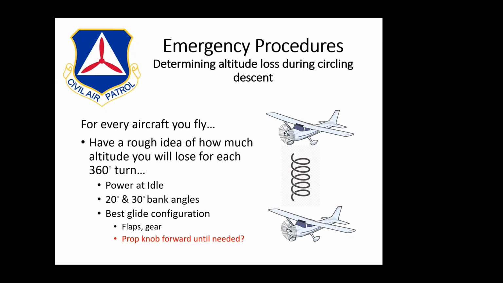So I prefer to look at the propeller as potentially a last-minute emergency reserve, enough to maybe get you over the fence if you need it. Different people have different opinions on this. The key is, though, if you are going to do something like this, beware it needs to be pushed back in before you do any sort of go-around, before you apply power.